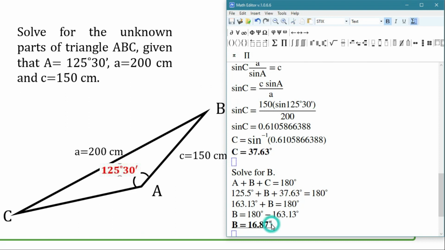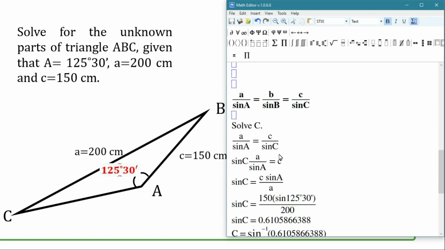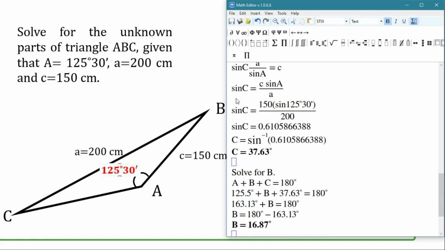For us to do that, since we cannot use the Pythagorean theorem, we need to extract a certain concept from our law of sine. It's either A over sine of A equals B over sine of B, or B over sine of B equals C over sine of C. So, ang gamitin na lang natin will be the first part, A over sine of A equals B over sine of B, and that is for us to solve for B.